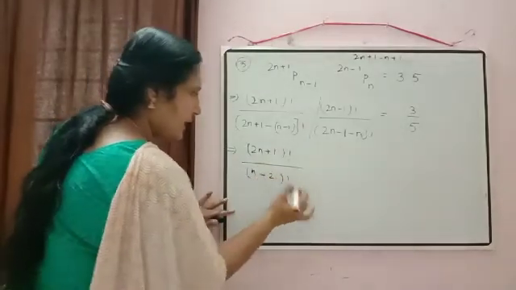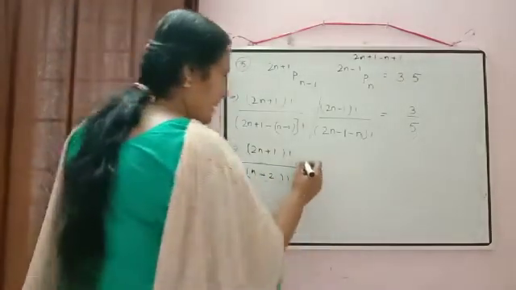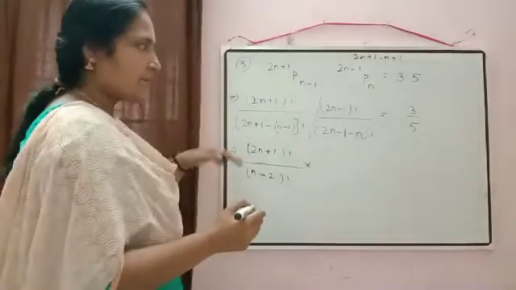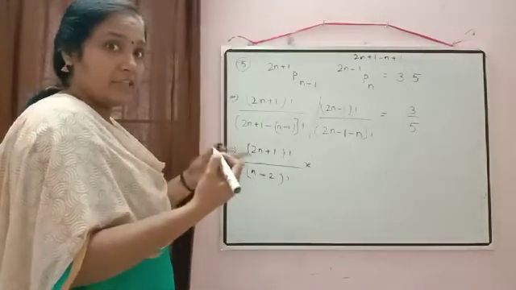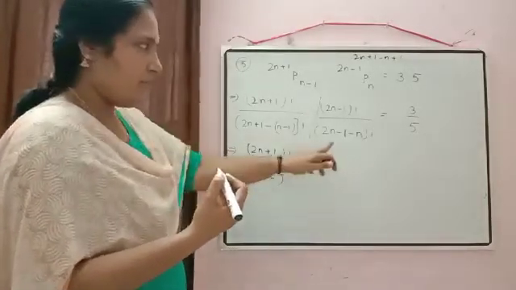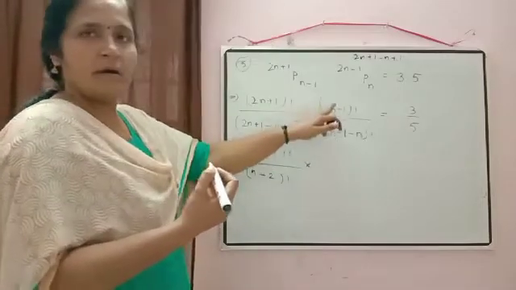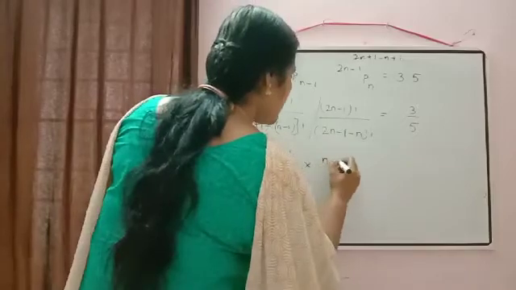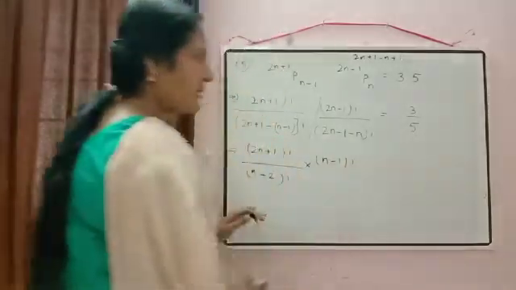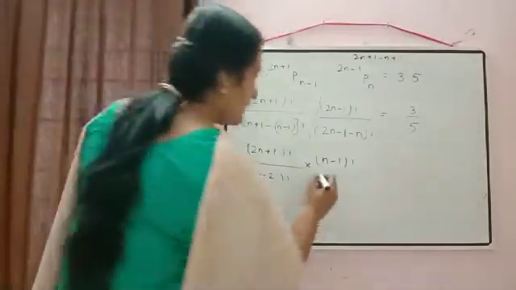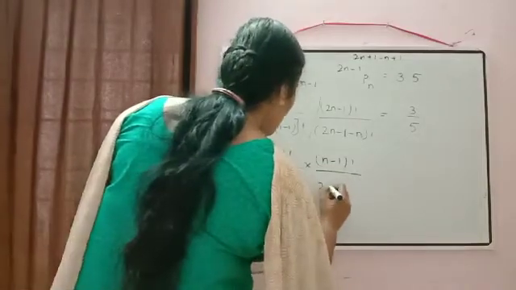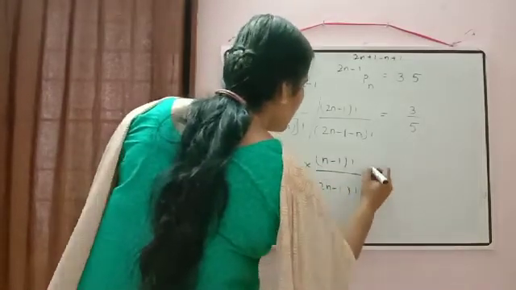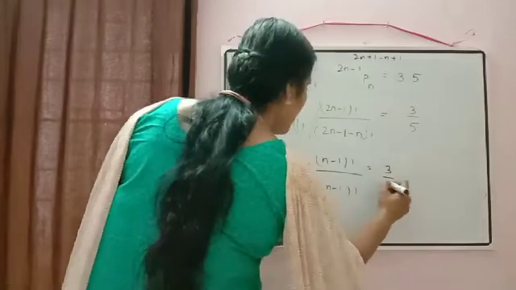So we get (n+2) factorial into, since we are changing the division into multiplication, obviously it goes to the numerator, 2n minus n will be n, so we get (n-1) factorial by (2n-1) factorial is equal to 3 by 5.